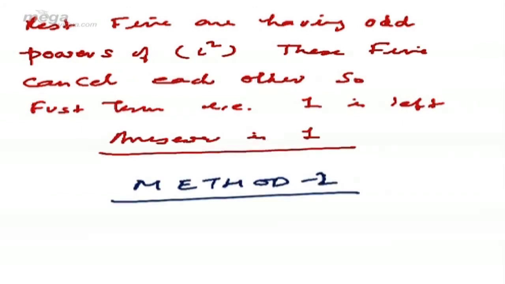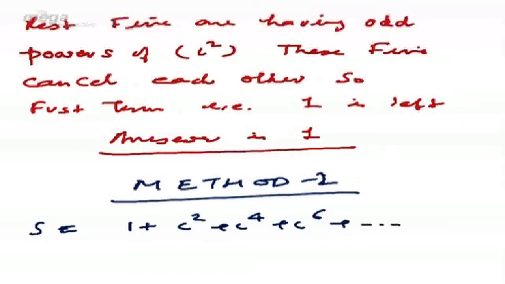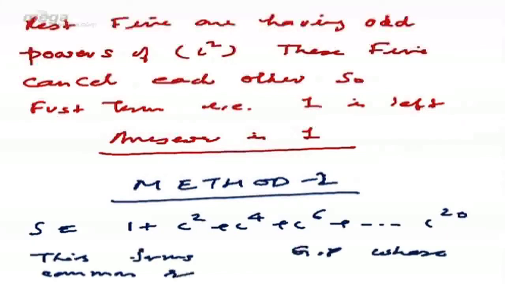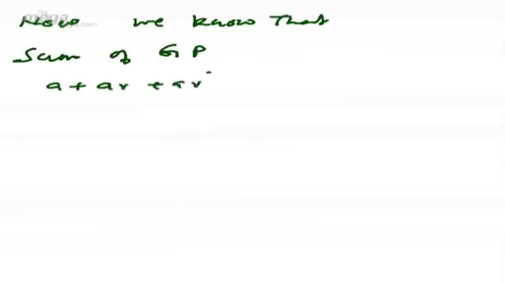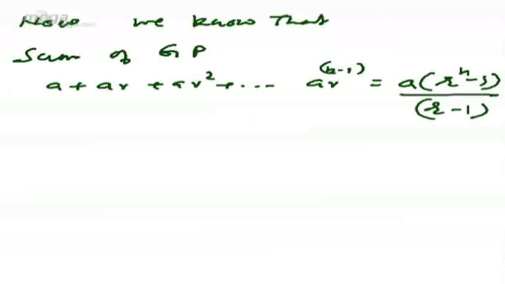Method 2. Let us look at the second method. The sum is given as S is equal to 1 plus i square plus i to the power 4 plus i to the power 6 till i to the power 20. This forms a GP whose common ratio is i square. Now we know that the sum of GP a plus ar plus ar square till ar to the power n minus 1 is equal to a into r to the power n minus 1 divided by r minus 1.